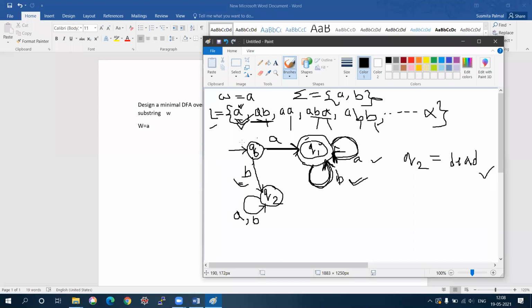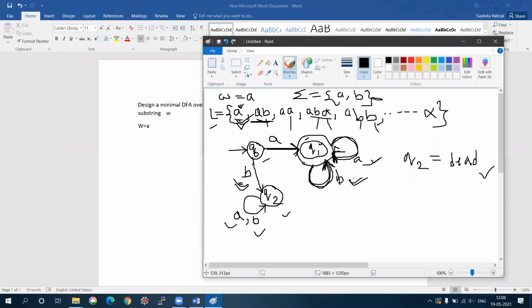Now you can see the machine or automata is complete, because for each of the states, there exist transitions for all the inputs. So A के लिए भी transition है Q0 से, B के लिए भी transition है Q2 से, A और B दोनों के लिए transition है Q1 से.